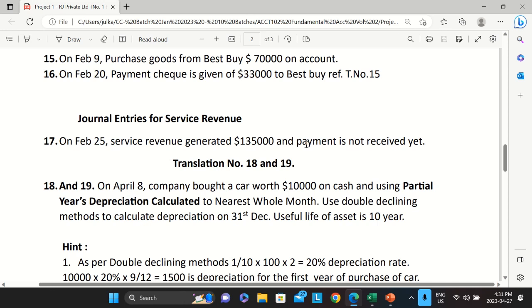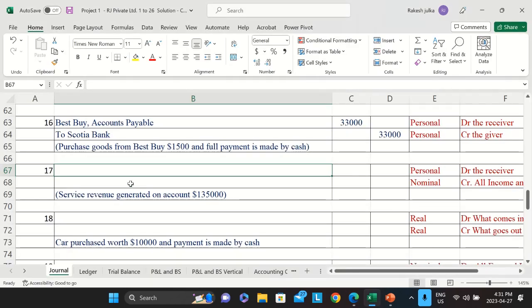This is what is known as current assets, because we will receive that money within a short period of time, maybe 30 days or 60 days as per the agreement between the supplier and the buyer. So now in this case, what will be the transaction? We will write here: the 17th transaction says accounts receivable to service revenue.